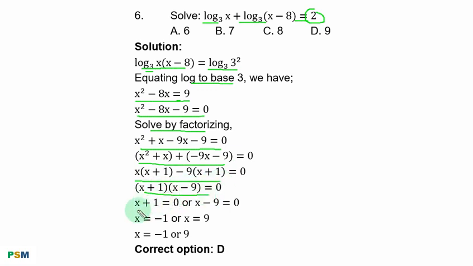You equate each term to 0, and you have s equal to minus 1 or s equal to 9. In short form, you have these results. We have 9 as option D, which is the correct option.